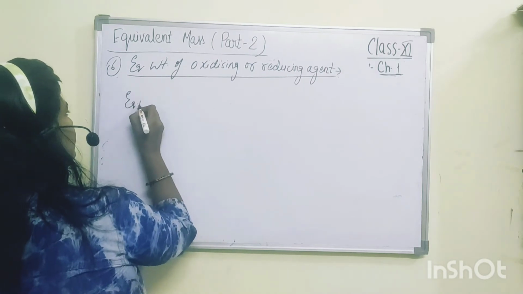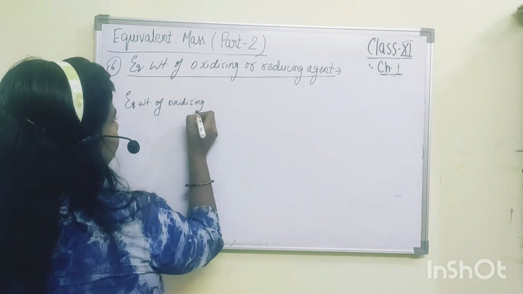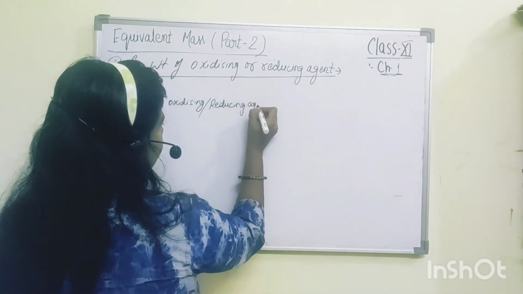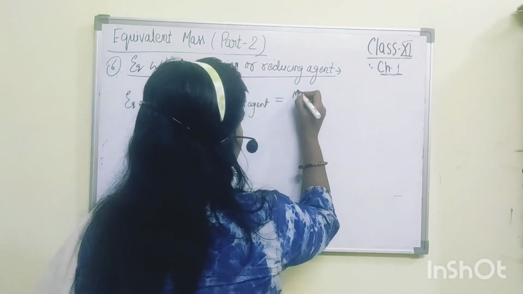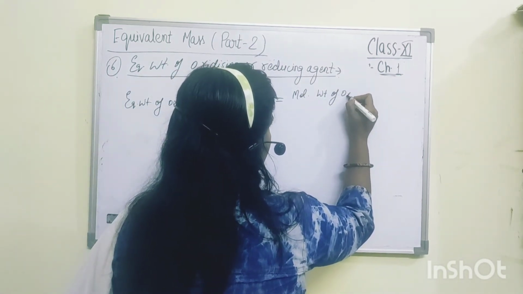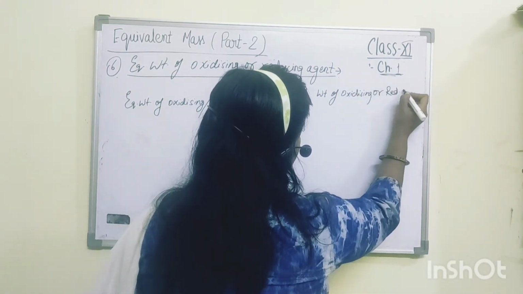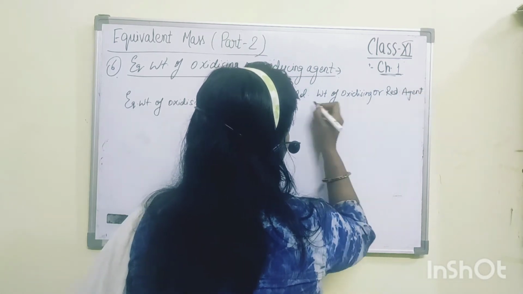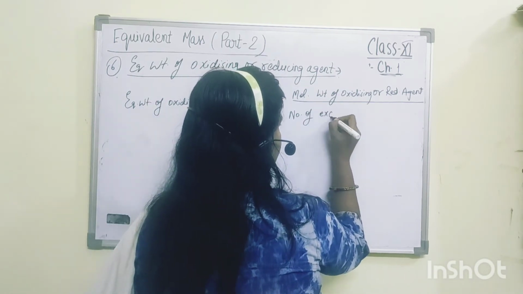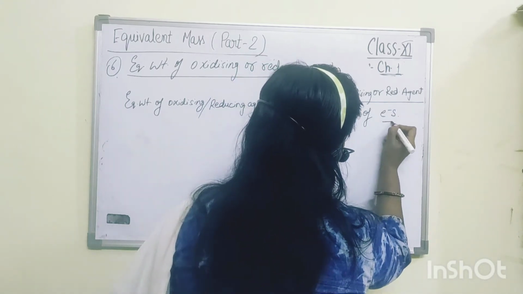First of all, the common formula: the equivalent weight of an oxidizing or reducing agent is the formula mass or molecular weight of the oxidizing or reducing agent divided by the number of electrons exchanged.